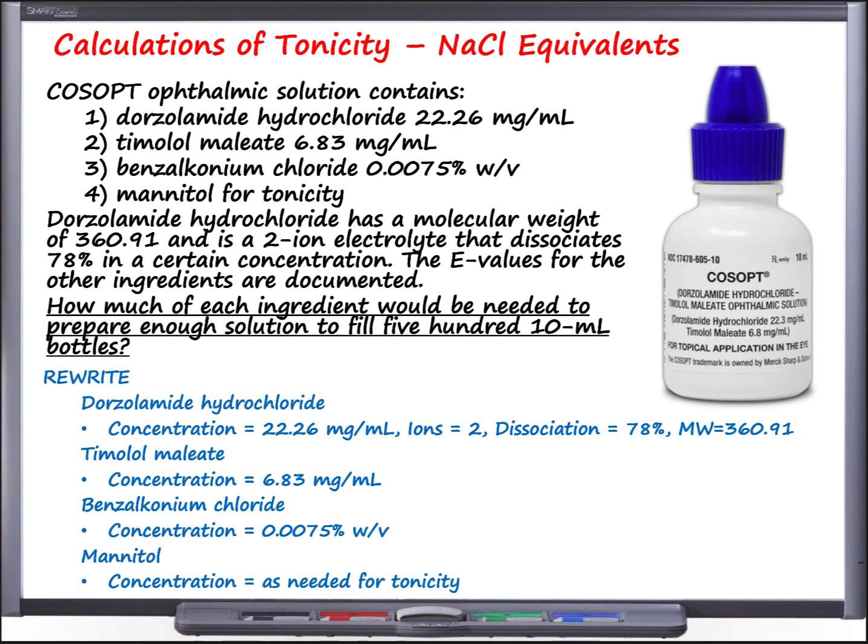This method, therefore, is useful for determining the sodium chloride equivalents of all of the active ingredients. It can be used to determine how much additional substance, in this case mannitol, might be needed to make the final solution isotonic. So that's the method we're going to use for this calculation: the sodium chloride equivalent method.